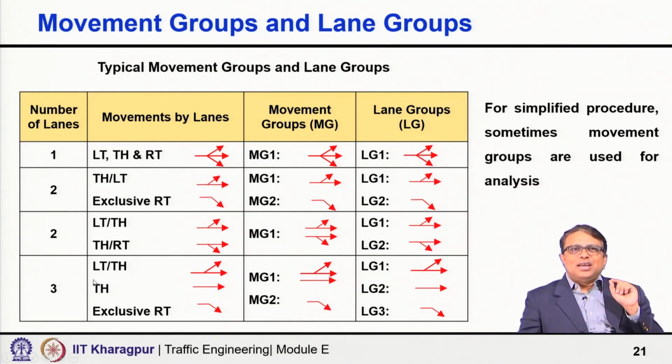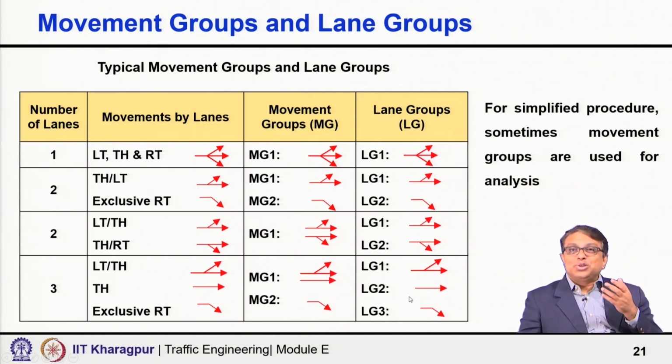Third one: straight and left shared, then one through lane exclusive, one right turn exclusive. So, movement group wise here there are two: straight and left together, and the exclusive right turn. The first two are combined as one movement group and the exclusive right turn is another movement group.